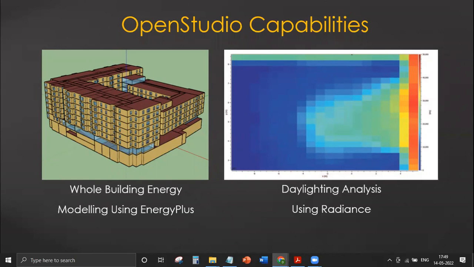So as an architect, you need not get into that detail, how to model the connections of chiller, central plant with cooling tower, what should be the efficiency. These things come very handy when you are comparing or evaluating different design options.